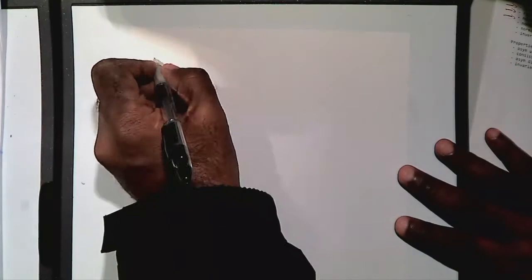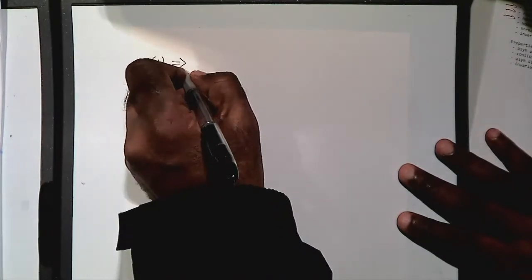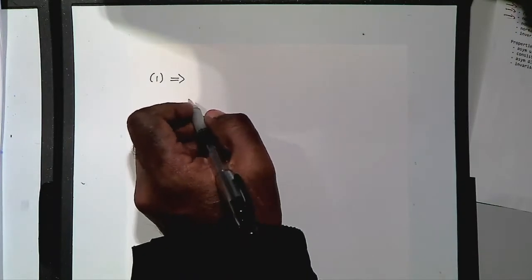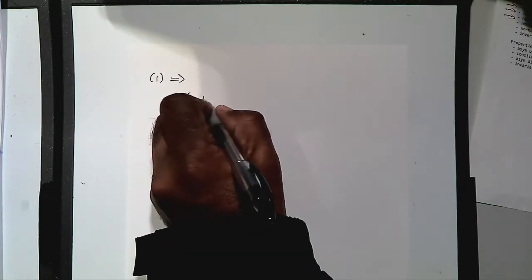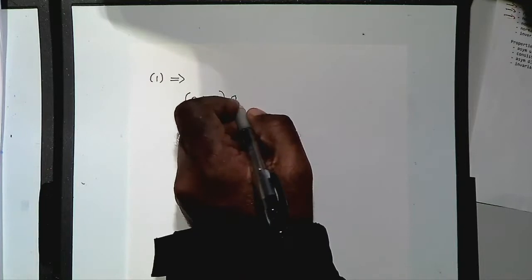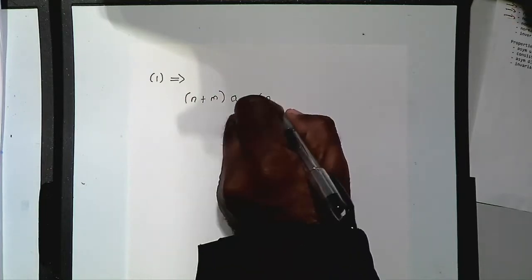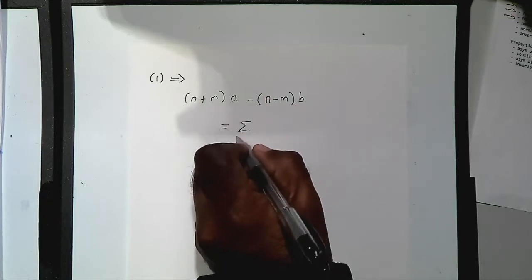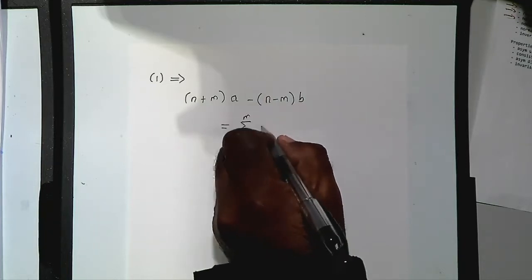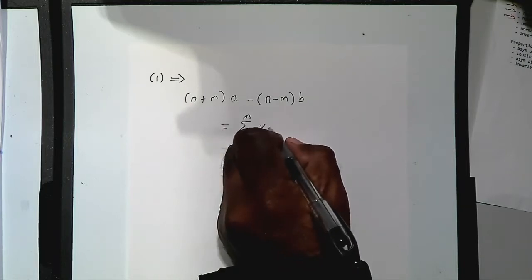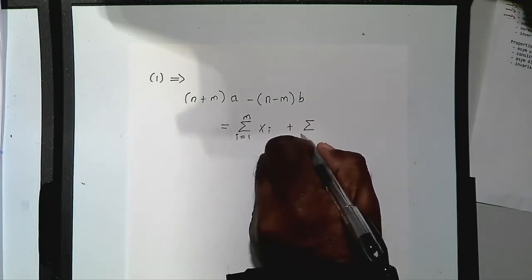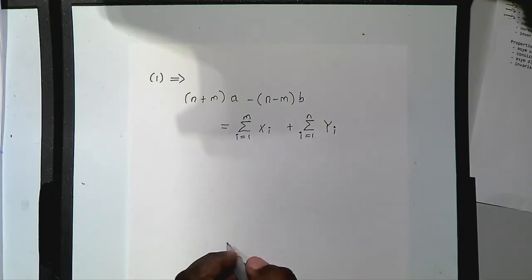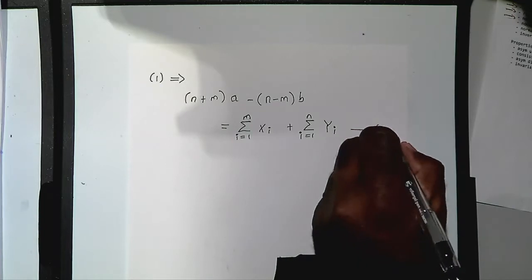So now from equation 1, you can see that n plus m times a minus n minus m times b is equal to this, right? And let's call this equation 3.